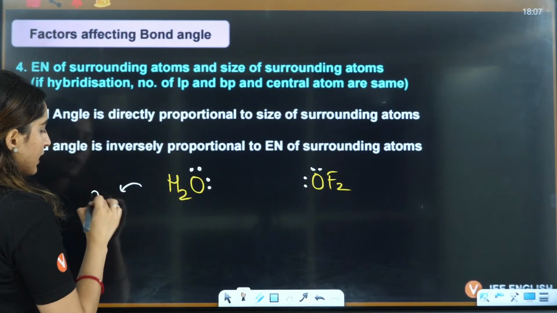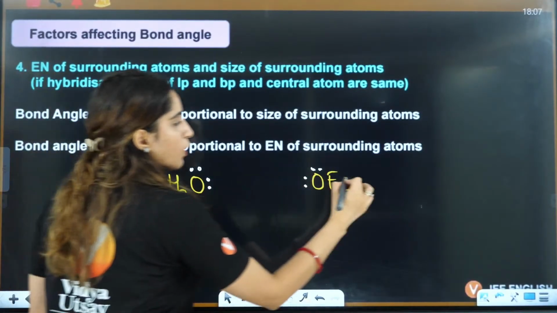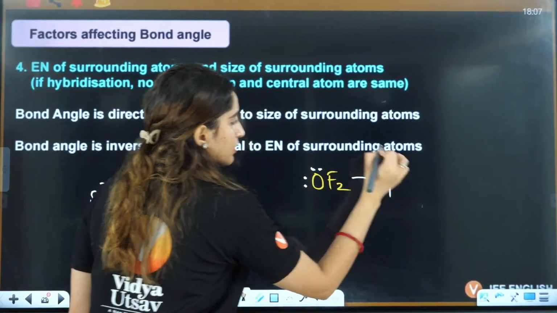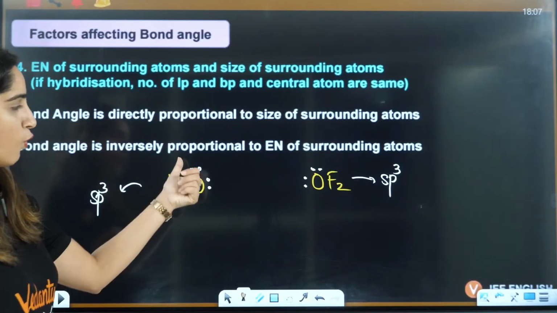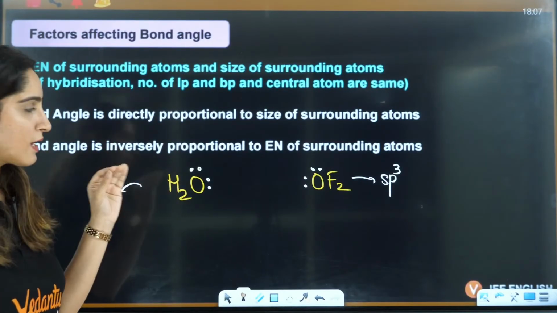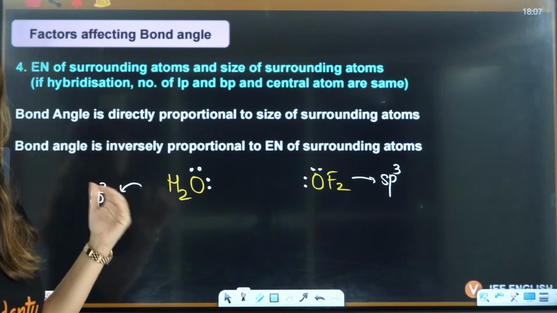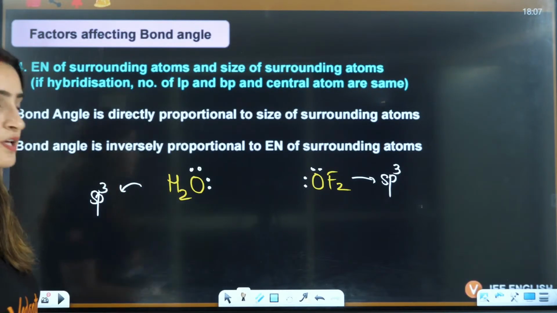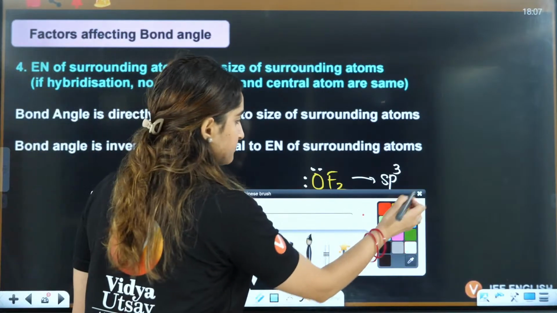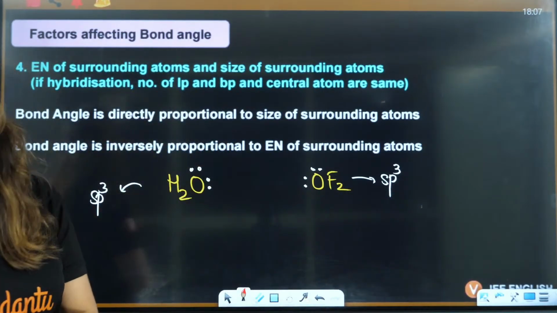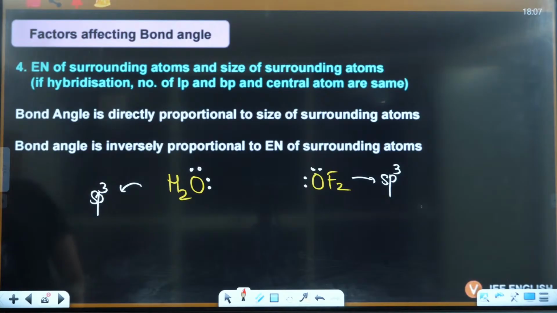Hybridization of both will be sp3. Lone pairs are same, bond pairs are same. What is different? The electronegativity of the surrounding atom is different and the size of the surrounding atom is different, okay?